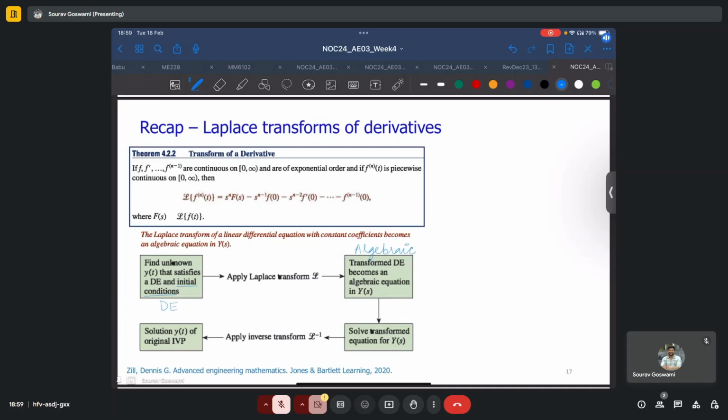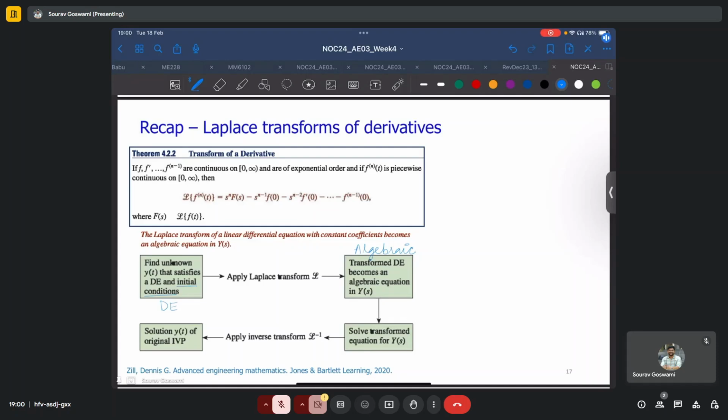And we have been solving algebraic equations since school, junior school in fact. So when we are given an algebraic equation to solve, we can solve it with much greater ease compared to a differential equation which we are still learning how to solve.